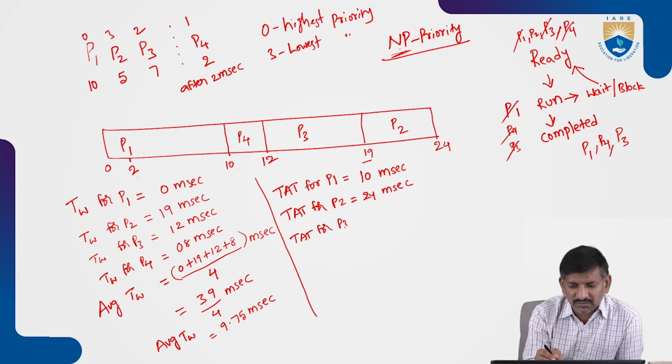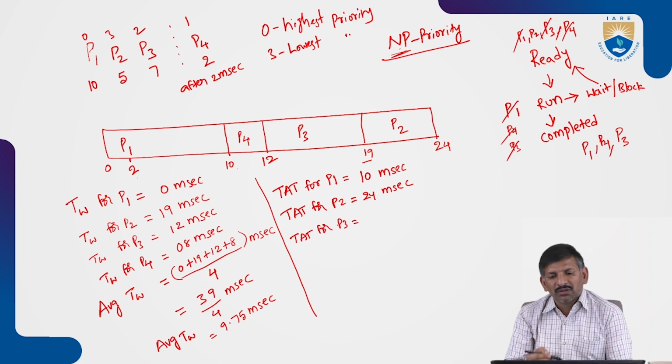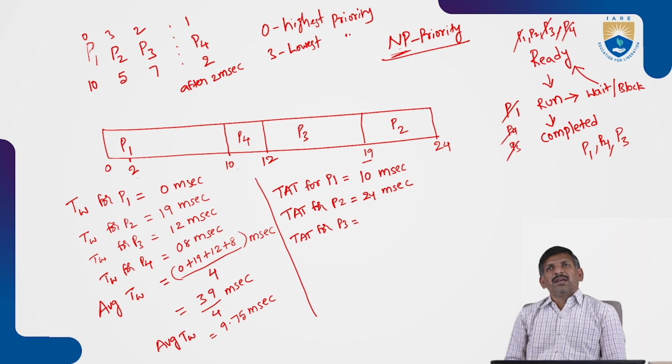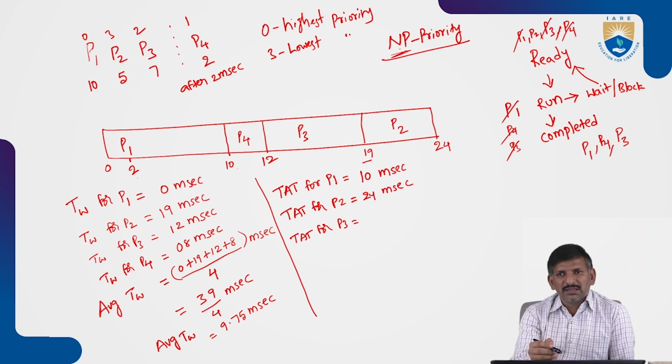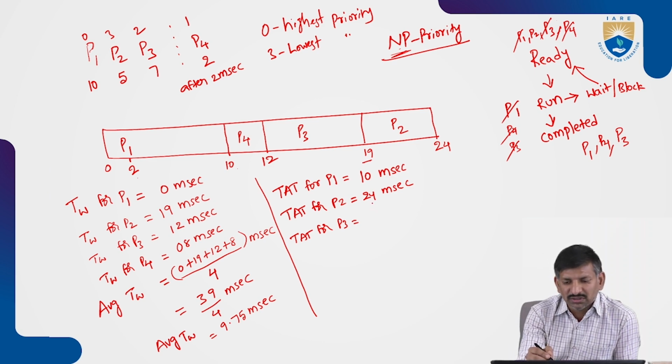Next for P3. Process P3 enters the ready state at the time of 0 and its execution is completed at the 19th millisecond. Means total turnaround time is 19 milliseconds.